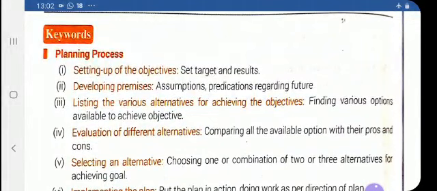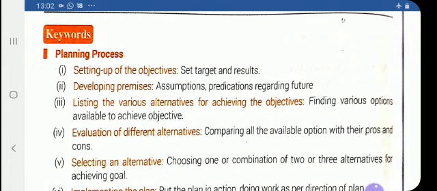Now the next one is evaluation of it. We have already listed the various alternatives. Now the fourth step, evaluation of different alternatives, means comparing all the available options with their pros and cons, means their advantages and disadvantages.